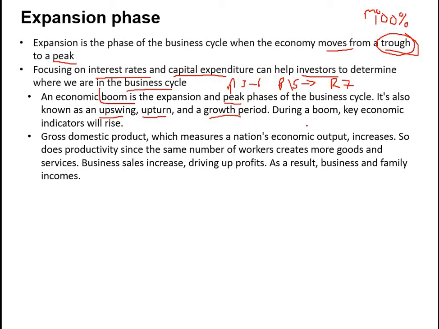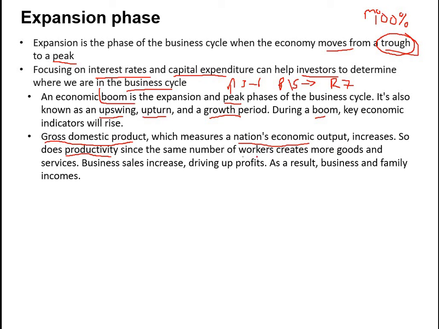Quite interesting, isn't it? So during a boom, key economic indicators will rise. We are talking about your gross domestic product. Remember, it measures the economic output. Once the gross domestic product increases, that means our productivity will increase. Why is it increasing?